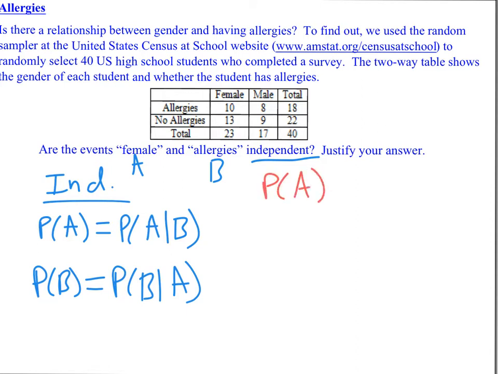The probability that a randomly selected student is female is 23 out of 40.